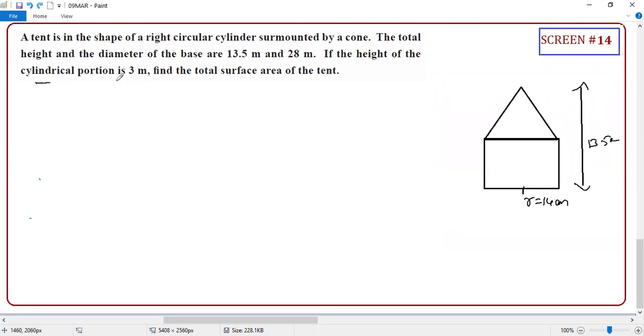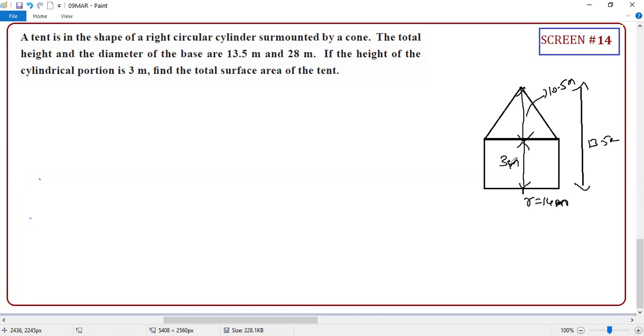If the height of the cylindrical portion is 3, student, can you tell me what is the height of the cone? 10.5 meter. That's all. Here everything is in meter, student, not centimeter, correct? Everything is meter.